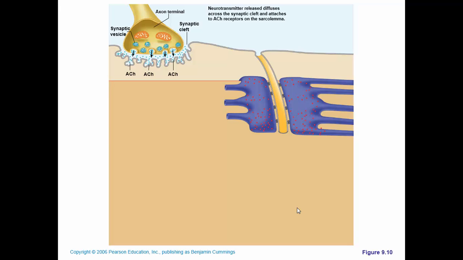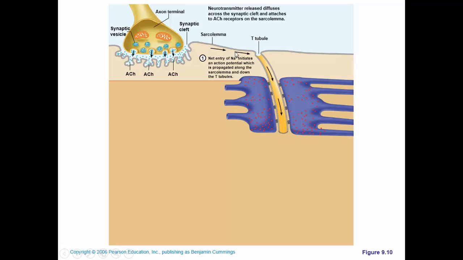So this is just going to be a series of pictures that are going to show you how everything looks when it is diffusing and getting into the T tubules and going down and making sure that all of the myofibrils are contracting. So we have our axon terminal, we have our motor end-plate, we have the acetylcholine that's going to diffuse across, be received, and here's where we initiate the action potential.